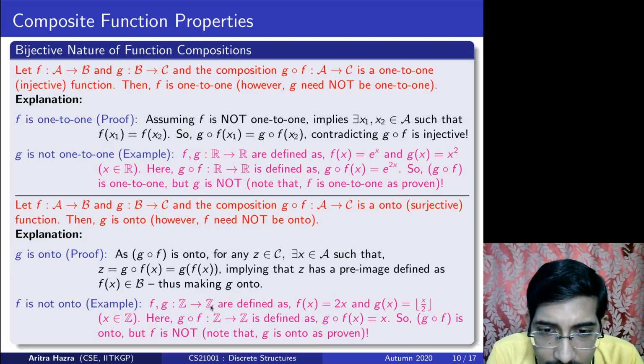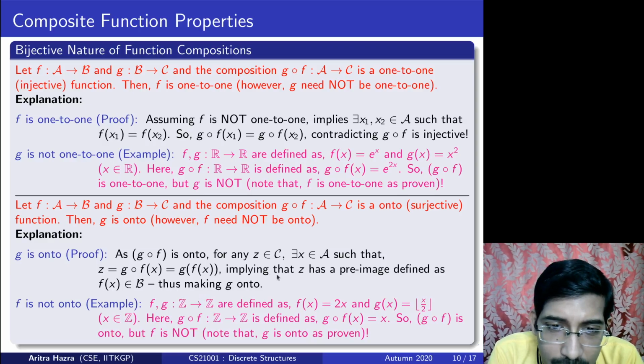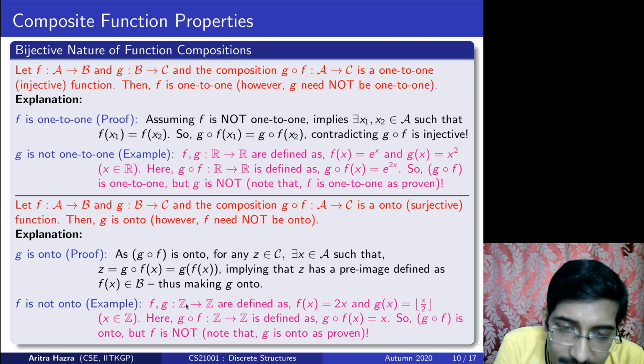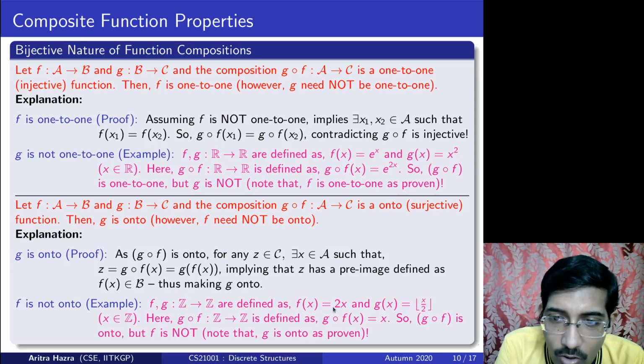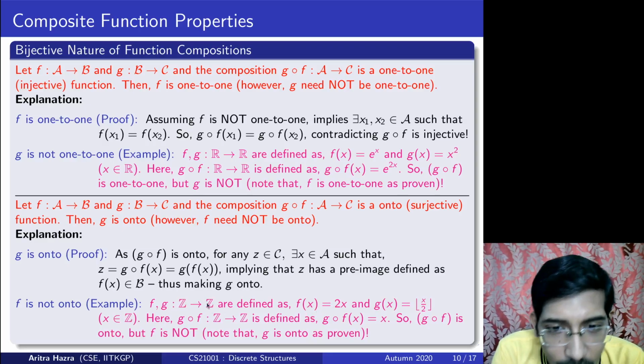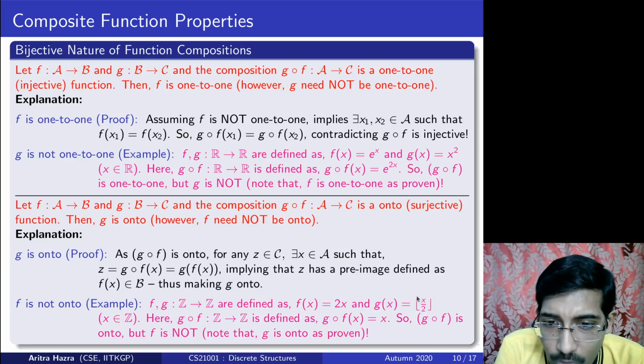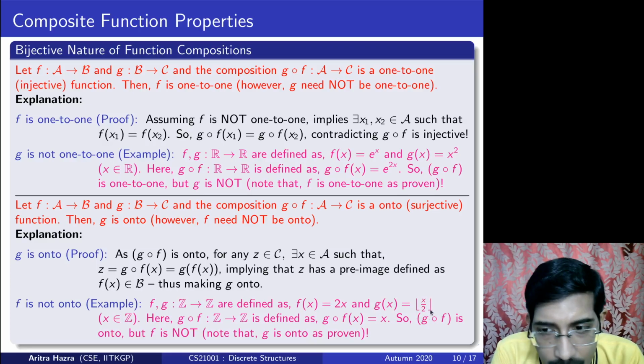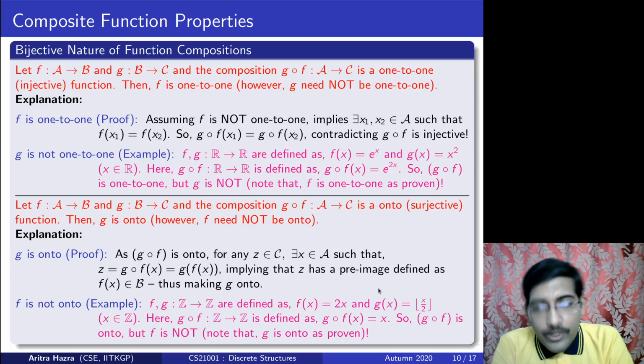If the number is odd, like 5, then 5 does not have any pre-image, because the pre-image would be x by 2, but 5 by 2 is not in Z. So therefore f is not onto. All elements in the codomain are not associated with elements in the domain. However, g is onto, as we already proved, because every element has a pre-image in Z. It's a floor function, so every element has a pre-image.